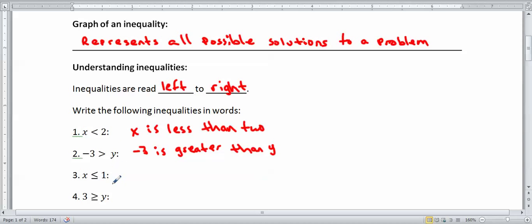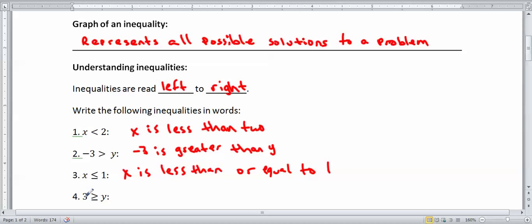Okay, so what you should have gotten is that x is less than or equal to 1. And this little bar underneath implies that x can also be equal to 1. It doesn't always necessarily have to be less than it.